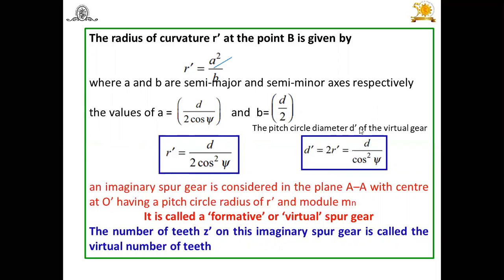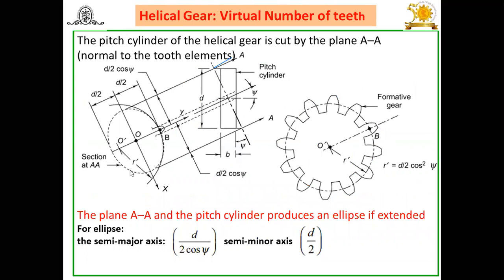The pitch circle diameter of this virtual or formative gear is d upon cos squared psi. So what do we mean by this virtual gear? It's an imaginary spur gear, considered in the plane A with center O dash. Taking this R dash as the radius, we construct the gear. Here it is shown in this other figure. Look at this.